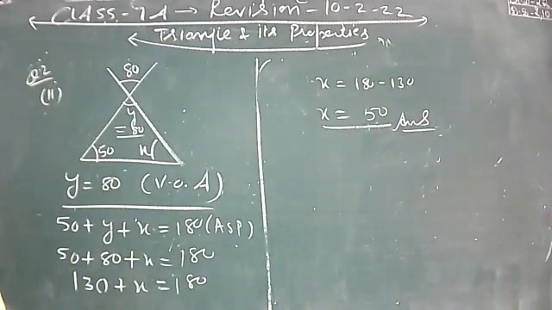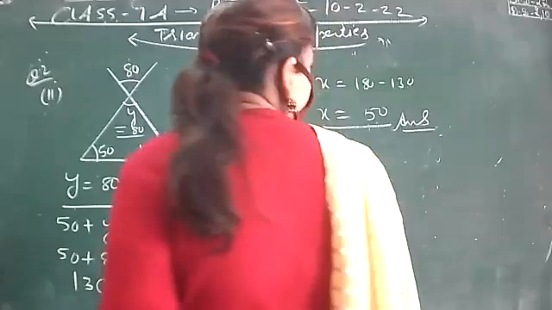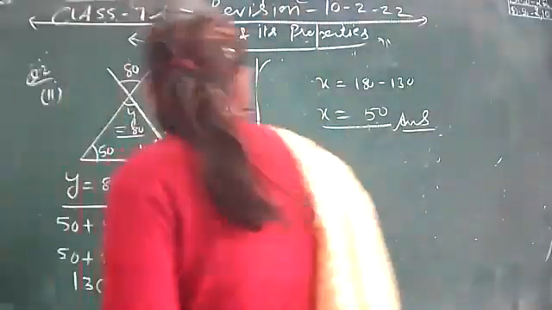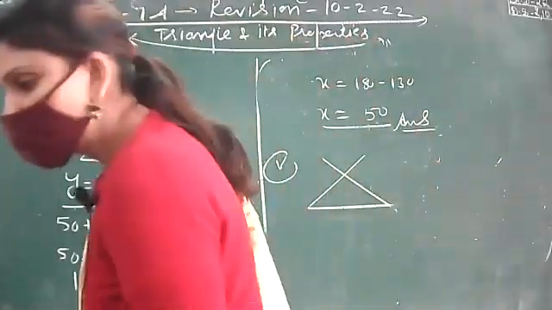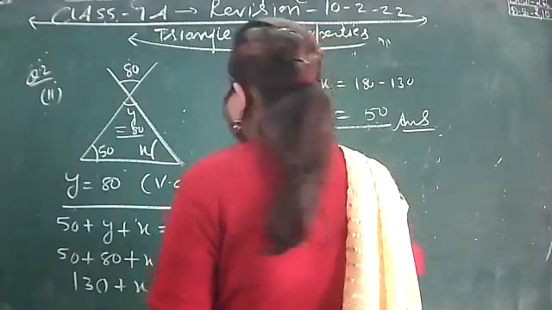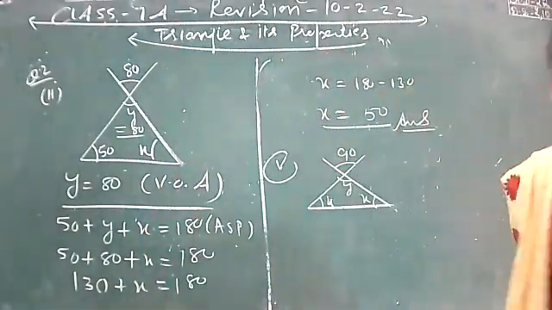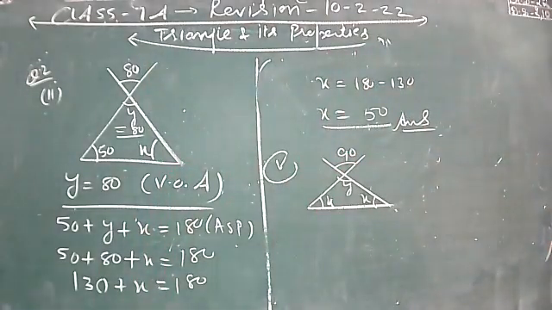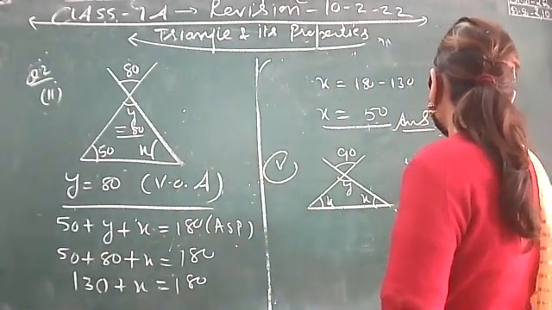Turn over the page. I am doing the 5th part. Ravjot, how will we find y? Vertically opposite angles. Very good. You must write the reasons in the paper.